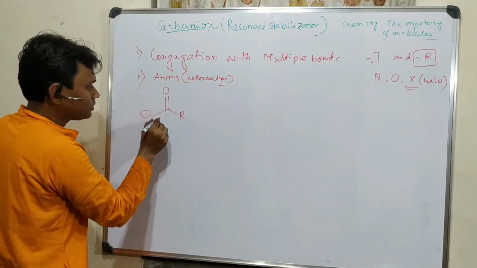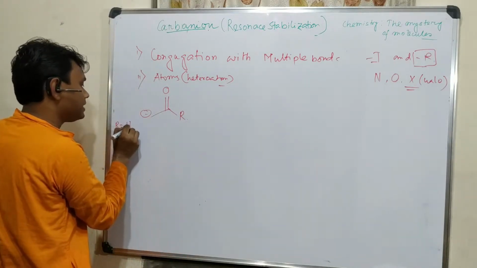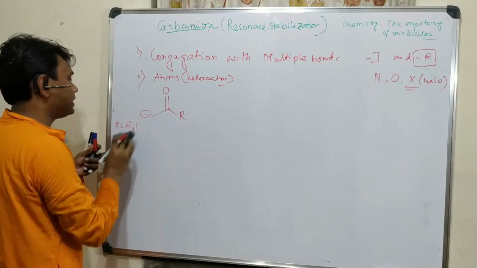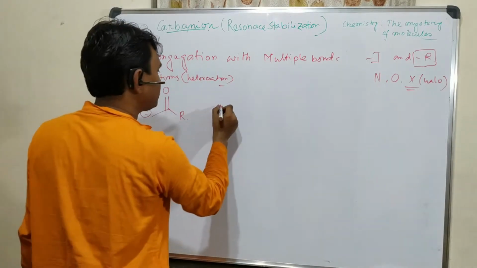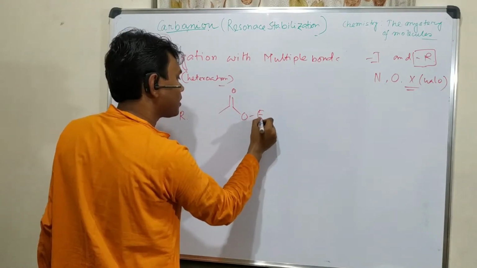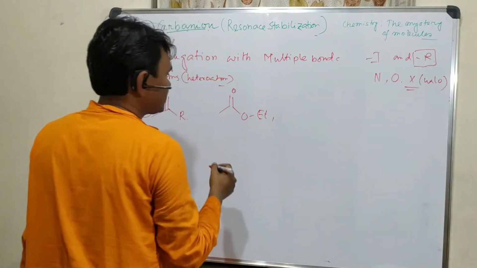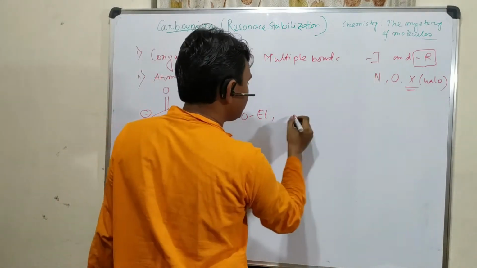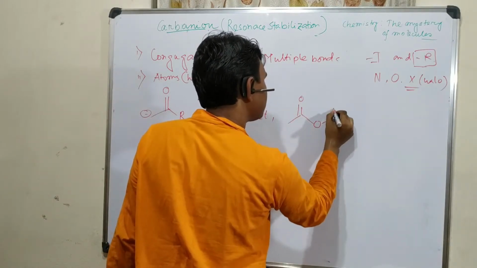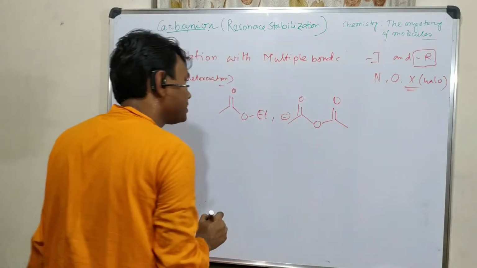If R equals H, that is an aldehyde, and if R is any alkyl or aryl group, that is a ketone. Second, it could be an ester, for example OEt. Another could be an anhydride.